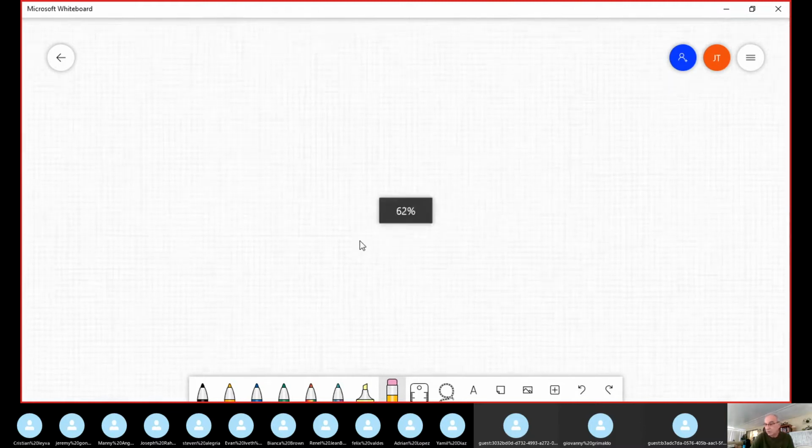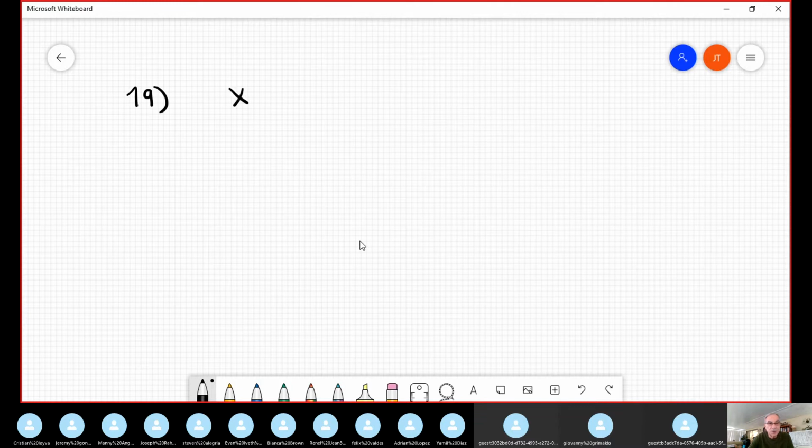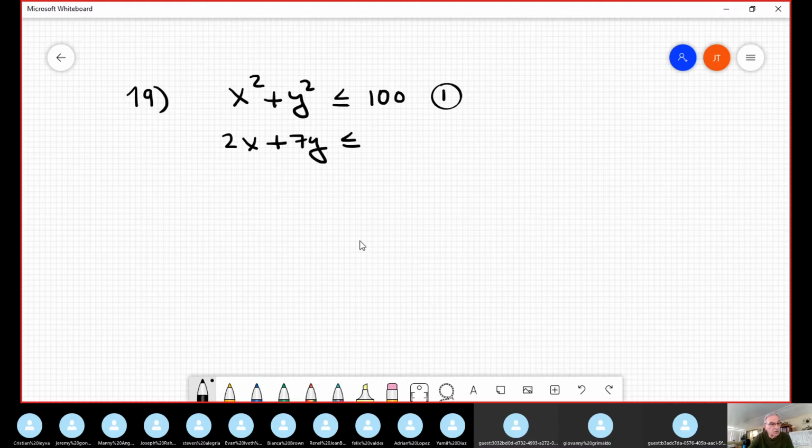Now, this is non-linear. 19, 19. The first one is x squared plus y squared less than or equal to 100, inequality number 1, and 2x plus 7y less than or equal to 40, inequality number 2.